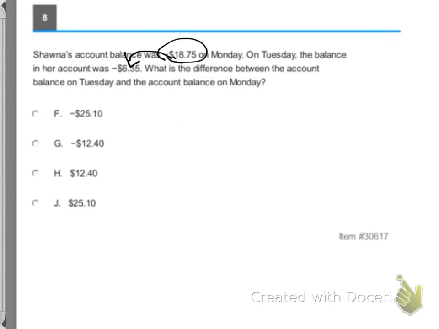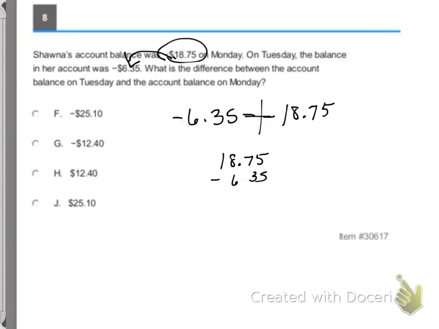So what's happening is that my number is getting greater, because negative 6 is greater than negative 18. So she's actually putting money in, and we just have to figure out how much. So we're going to do negative $6.35 minus negative $18.75. This becomes a positive. Signs are different, so let's subtract. And it's positive because 18.75 became positive. So the answer is H.